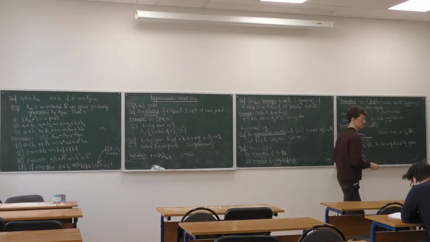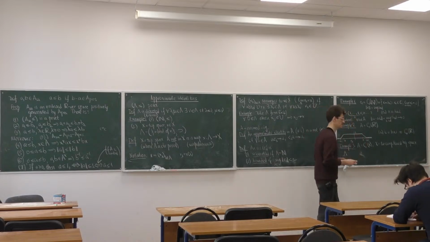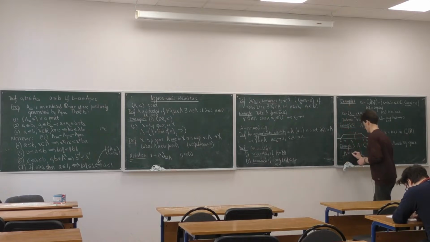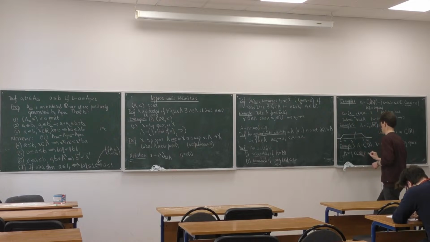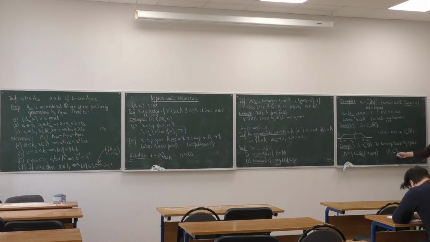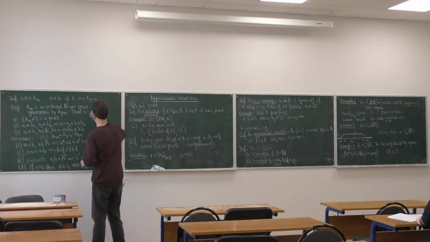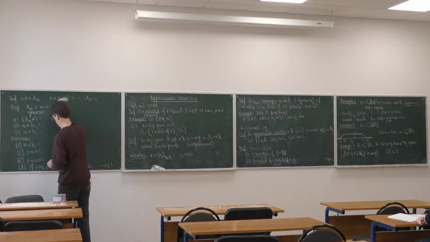So to construct an approximate identity, we let lambda denote the collection of all compact subsets K of X. And this is a directed, or filtered, poset for the inclusion. Well, indeed, it is. If you have two compact subsets, then their union is also compact. So it is filtered.